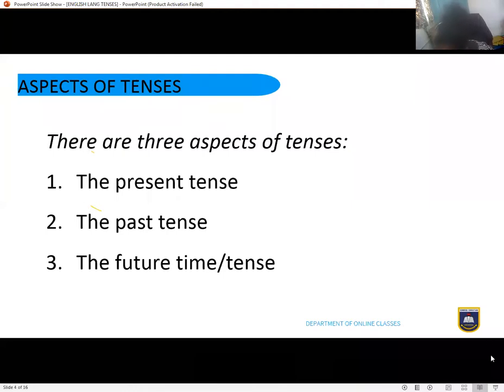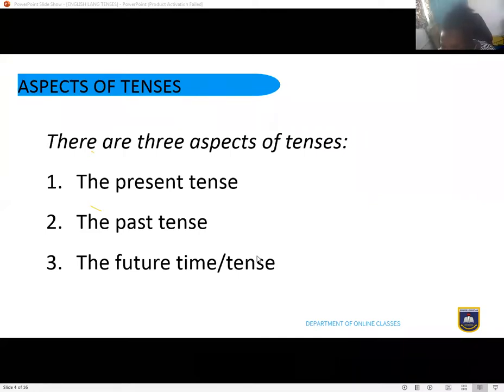Gentum, are you there? Madam, yes, please. Very good. What is the second aspect of tense that we will be looking at? The past tense. Very good.